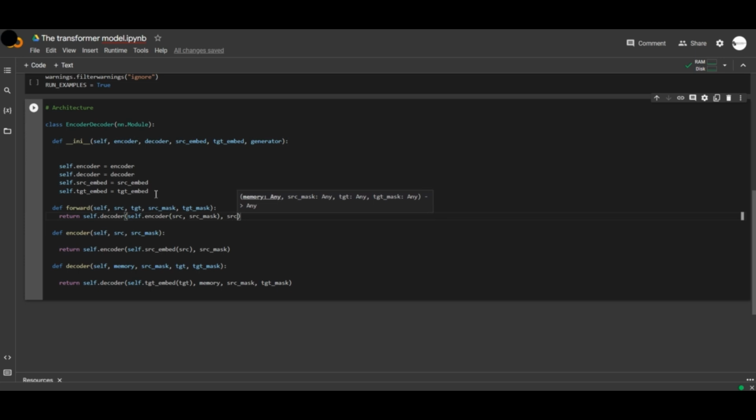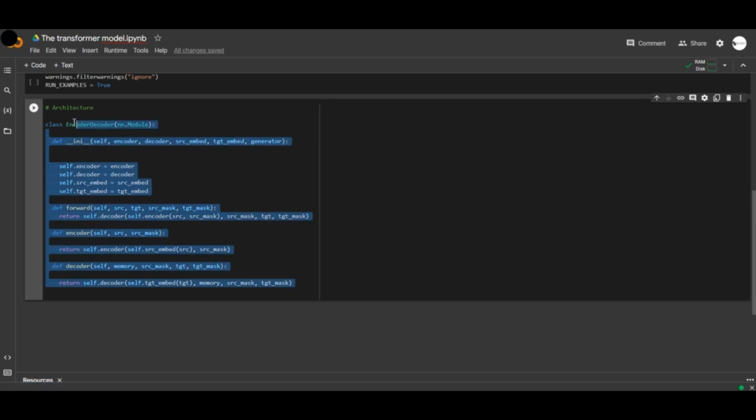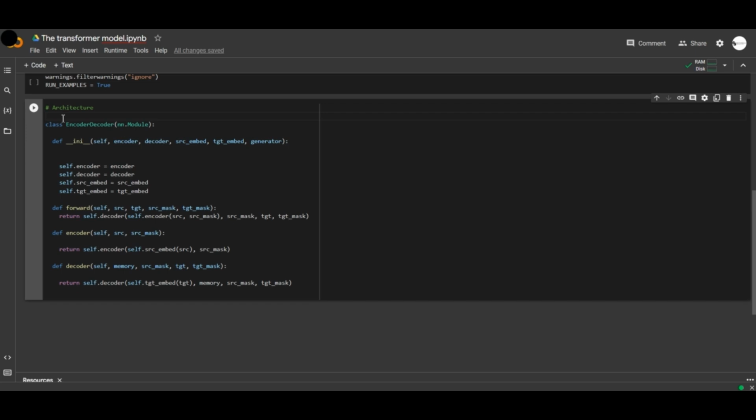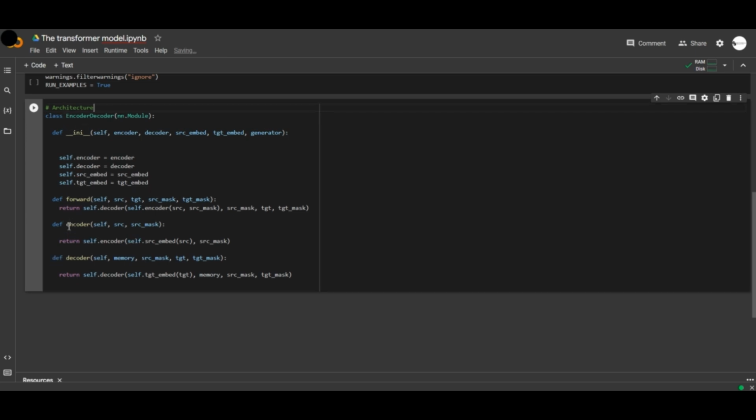Then here we're gonna take in the source mask, and we take in the target and the target mask. Okay, so this is a high level overview of the architecture, and we're gonna keep on coding these things in more detail as we go forward. So yeah, let's continue.